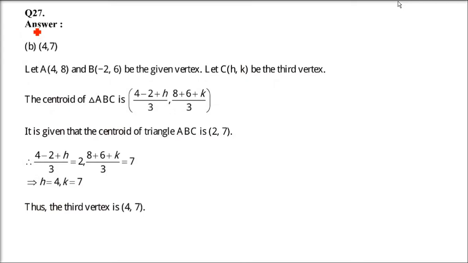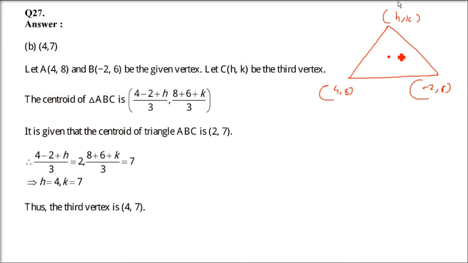27th. The centroid of a triangle is 2, 7, and two of its vertices are 4, 8 and minus 2, 6. The third vertex is? So one vertex is given as 4, 8. The other one is minus 2 and 6. This we don't know, but the centroid formula we know. The centroid is 2, 7.